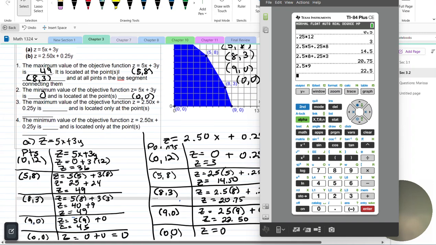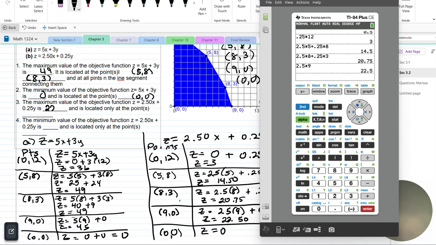So it says on this one, the max is, we're right, 22.5 at 9, 0. The minimum is 0 again.